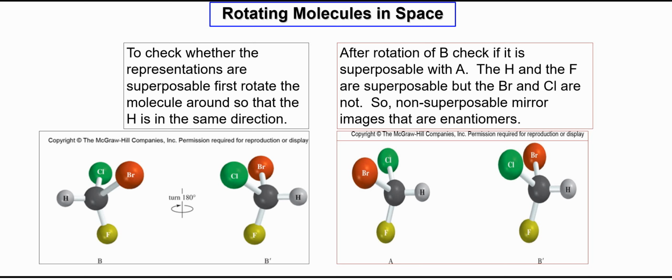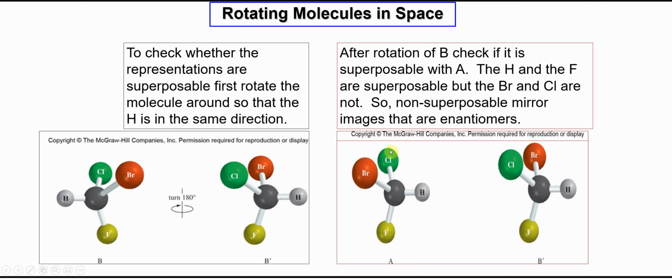If you have your A, your original molecule, you compare it with your B molecule, and we believe they are mirror images. You rotate your B molecule by 180 degrees, making your hydrogen direction the same as the hydrogen direction of your molecule A. So this B prime and A, what did you see? They are not the same molecule.